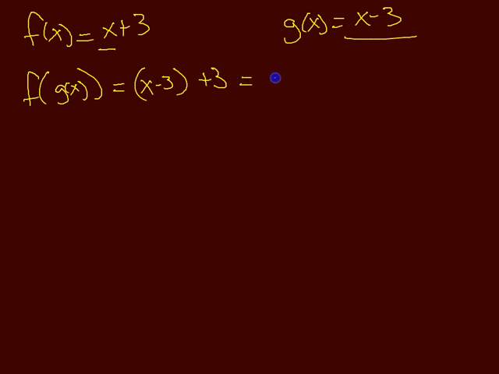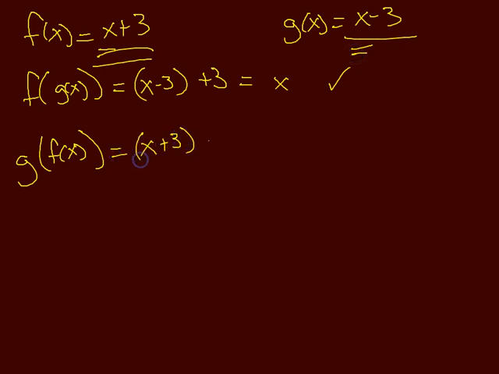And what do we get from that? We get x. That meets one of the requirements, but in order to be an inverse, it has to meet the requirement of g of f of x. So we plug this into the x value here, so we get x plus 3, that quantity, minus 3, and that gives us x. That confirms, by the definition, these two functions are in fact inverses of each other.